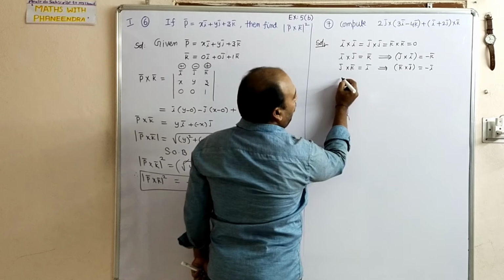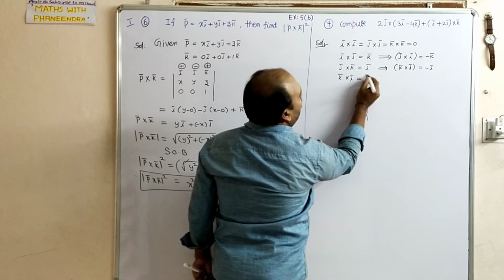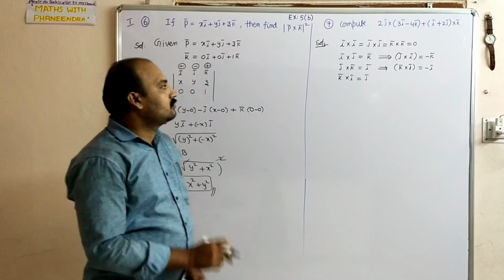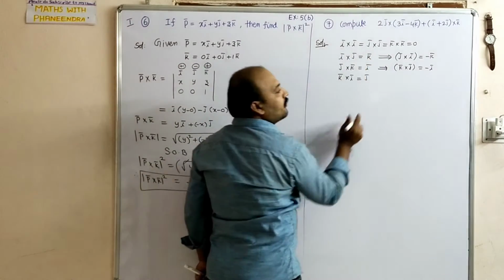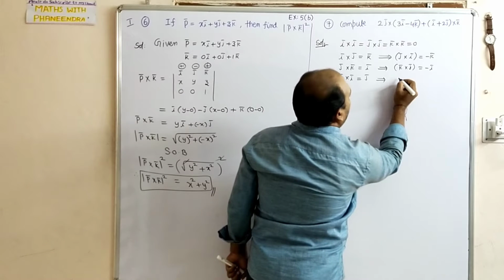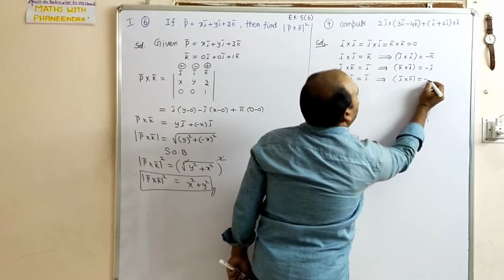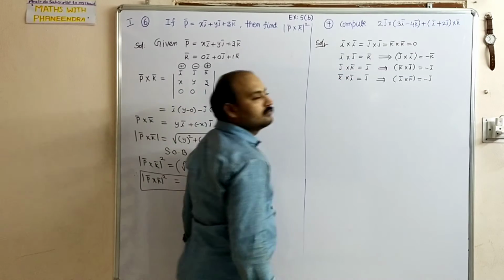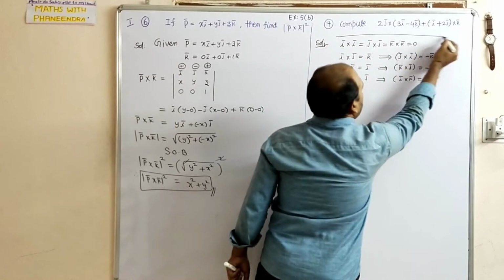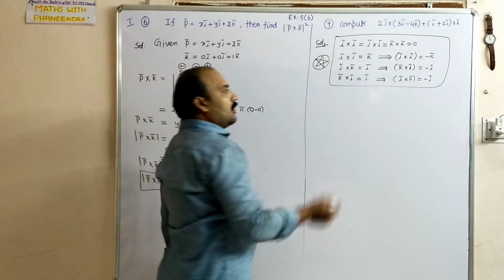Next, k i j: k bar cross i bar equals j bar. i j k, j k i, k i j. That implies that i bar cross k bar is equal to minus j bar. You remember these very important things, very important in the coming problems also.